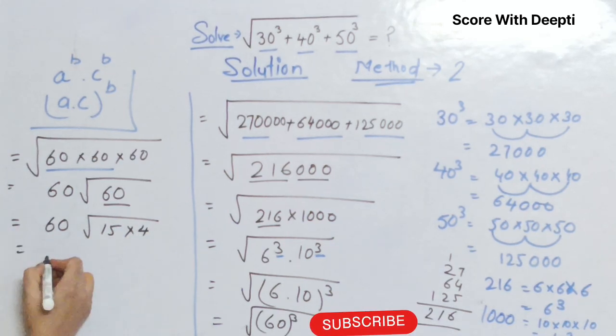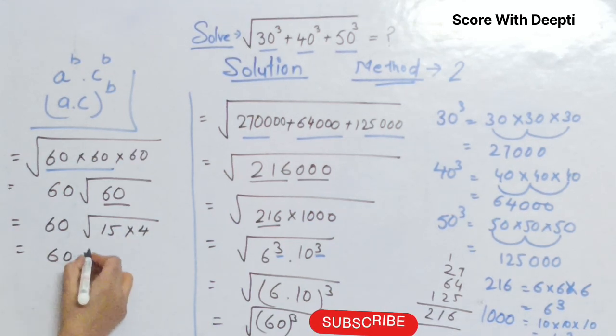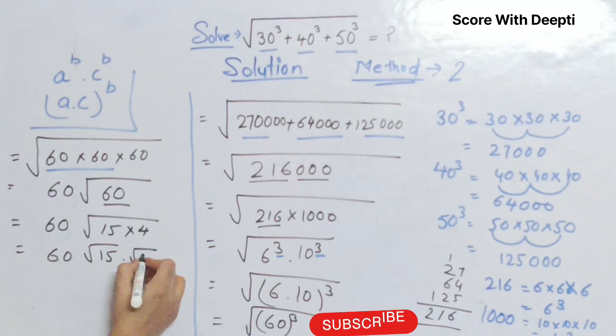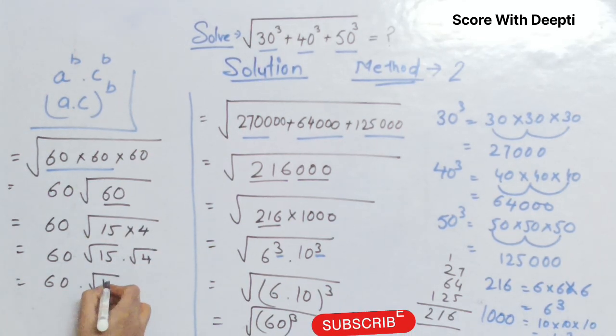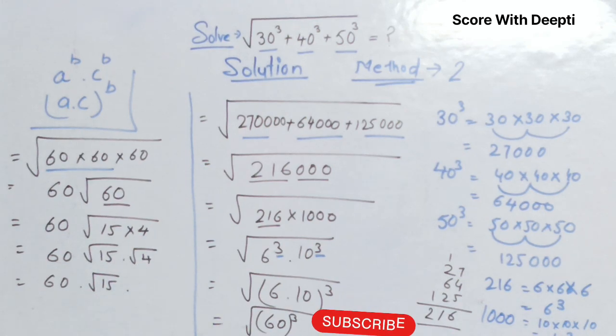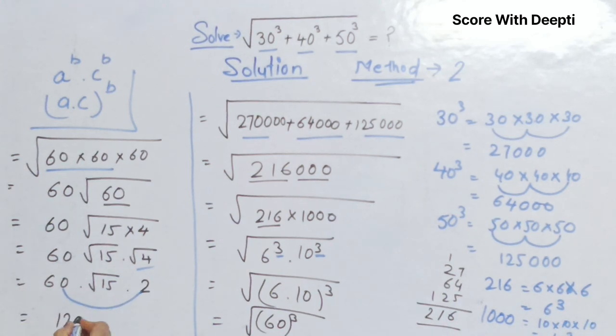Next, separate these terms and we will get square root 15 into square root 4. Next, 60 into square root 15 into square root 4 equal to 2. Next, multiply 60 with 2 and we will get 120 square root 15. Now, this is our final answer with the second method.